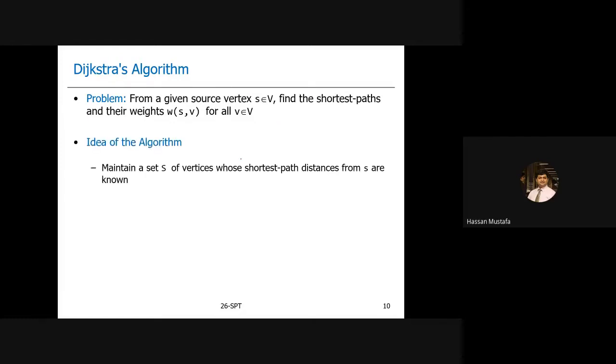We'll see how. The idea is that we maintain a set S of the vertices that are explored, and we know the distance to these vertices from the starting vertex. Initially that would be empty, and then we populate this set with a search that is again very similar to Prim's algorithm that we discussed in the previous lecture on minimum spanning trees.